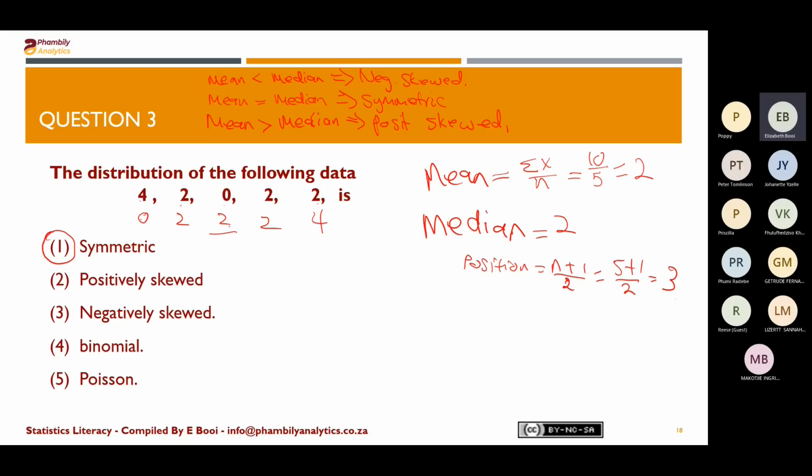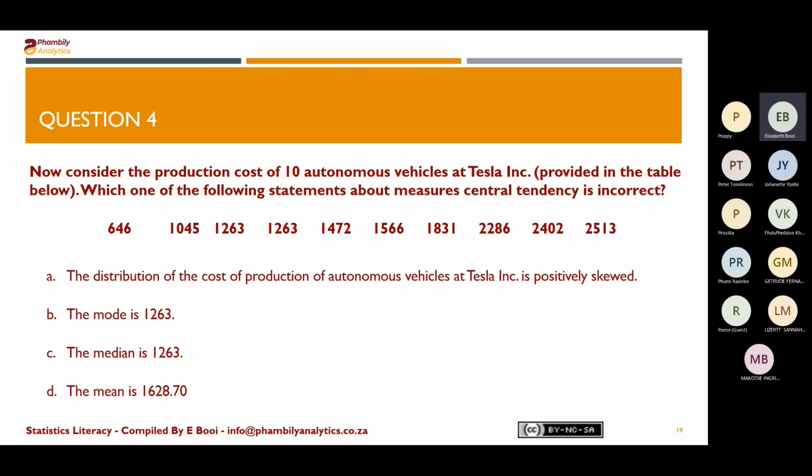Now you know that to test whether the data set is symmetric or skewed, you need to first calculate the mean and the median, and check whether they are equal, or one is greater or less than the other, and then you come back and answer your question. Even though it's multiple choice, there is some work that you need to do before you can answer. Okay, I'm not going to do this exercise because the data set is huge and we're left with 3 minutes.